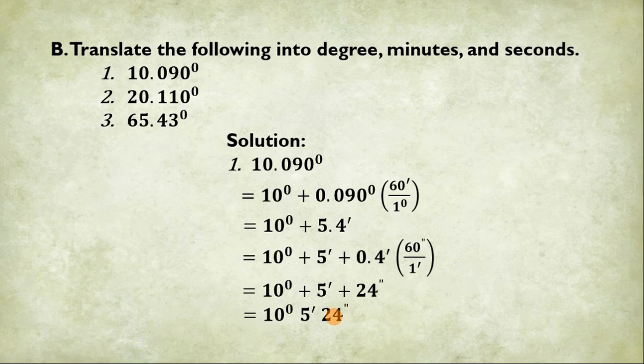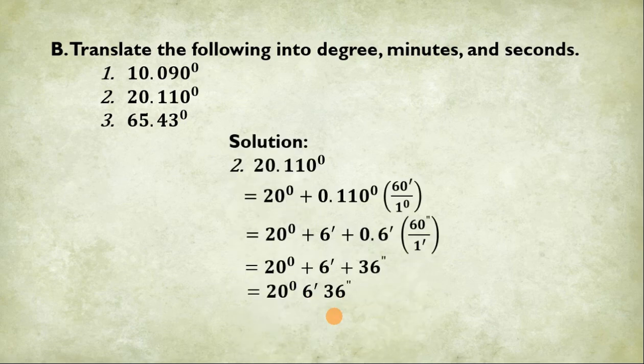Moving on to number 2, 20.110 degrees. So isolate the whole number, 20 degrees already. The decimal part, we have 0.110 degree. Eliminate the degree, multiply it by 60 minutes divided by 1 degree. The degree will cancel out, giving us 6 minutes.